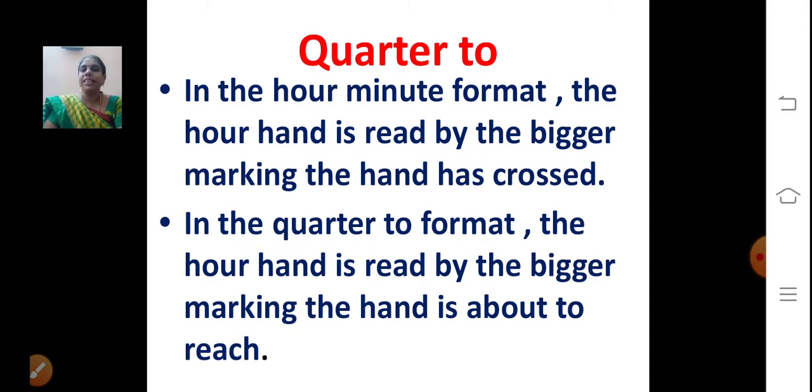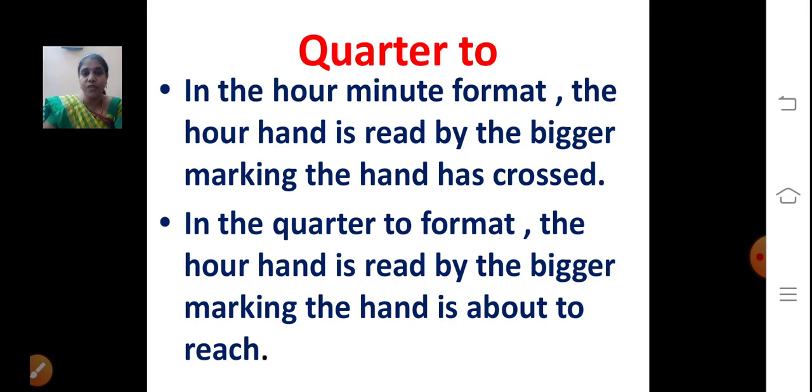Usually the hour hand is read by the bigger marking, so we first check whether it has fully crossed that marking, correct?